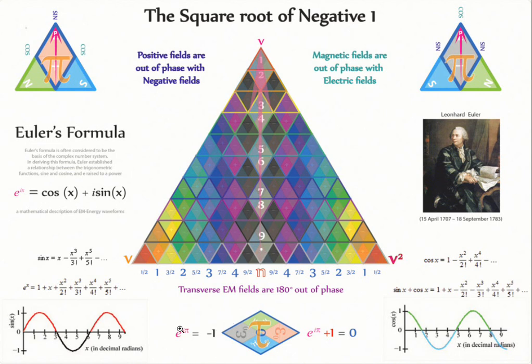In this case, e to the i pi gives us -1, or the negative charged geometry of mass energy in a photon, and e to the i pi plus 1 will give us neutral, or -1 charge plus 1 positive charge will give us a neutral mass energy content of a photon.